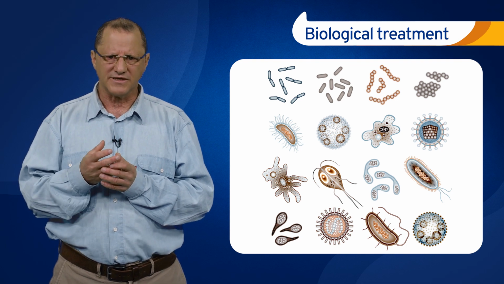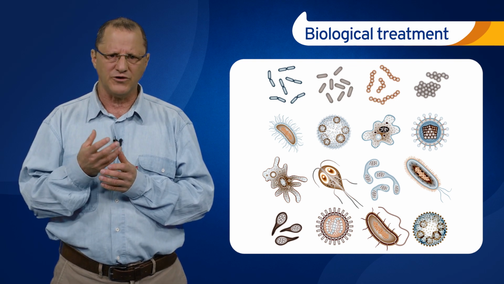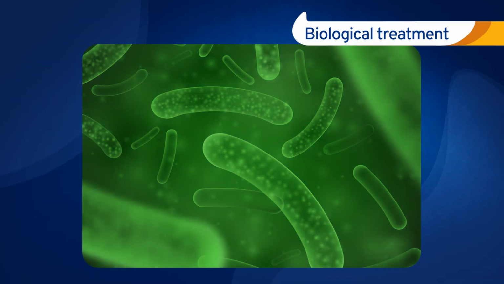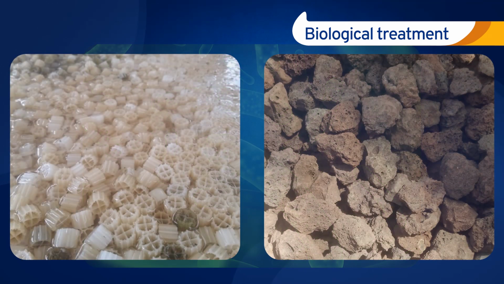In this process, the volume of solids is reduced and the water quality is improved. The degrading microorganisms can be either suspended in the water or, more typically in on-site units, attached to high surface area filter media, such as plastic beads or tuff, as can be seen in the following slides.